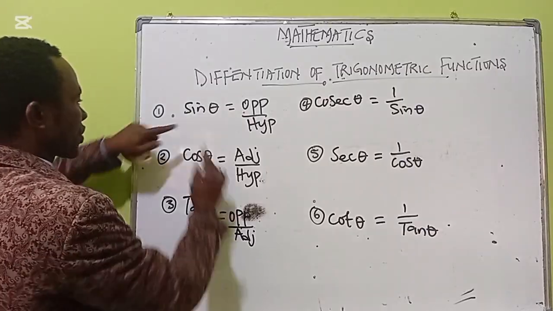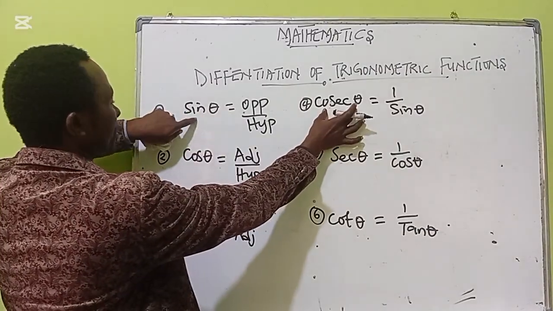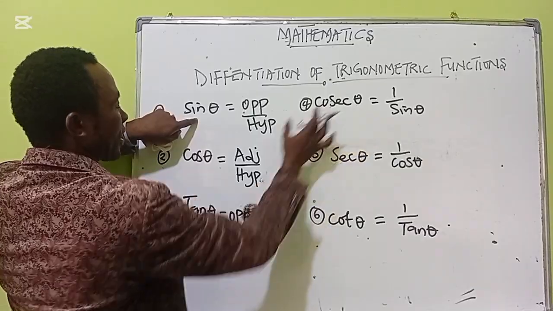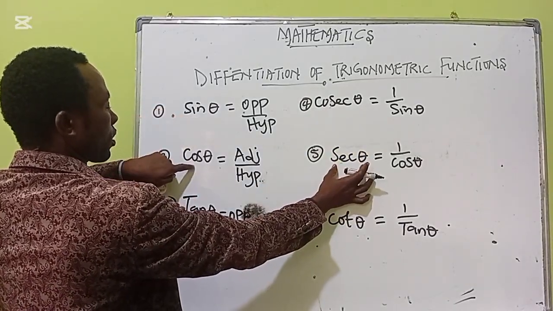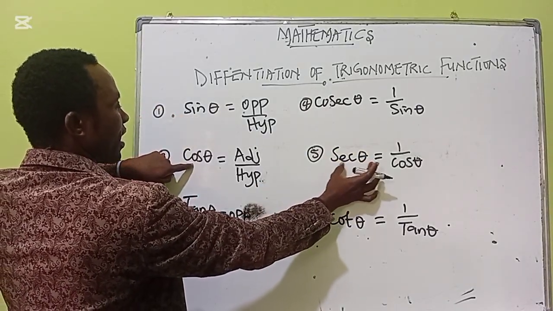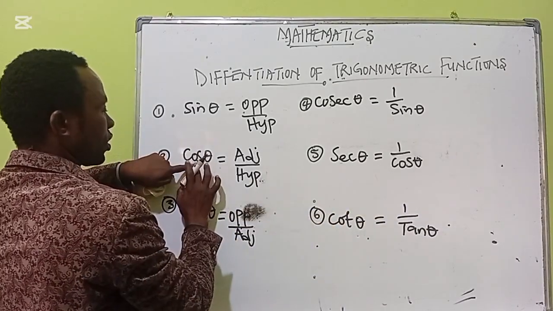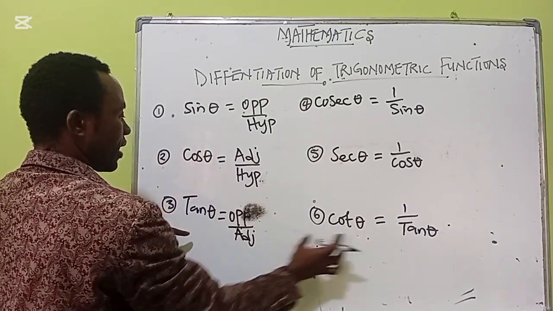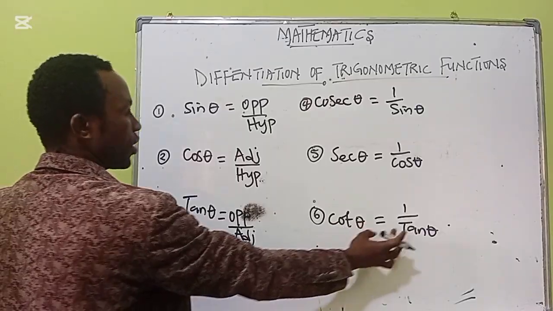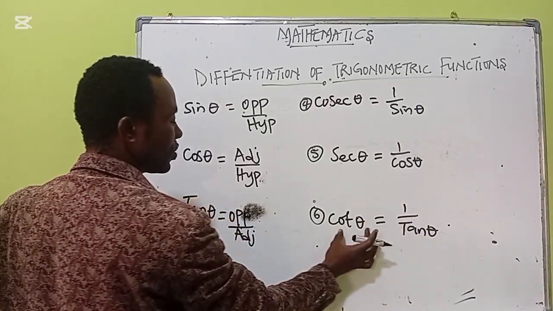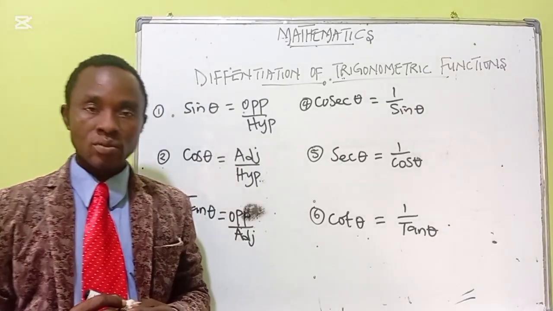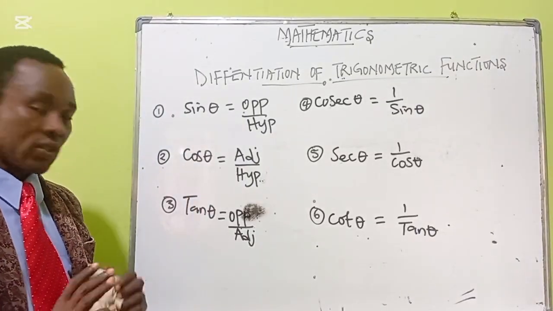Remember, cosec is obtained from sine: when you take the inverse of sine, you get cosec. Sec is obtained from cos: when you take the inverse of cos, you get sec. Then cot is obtained from tan: when you take the inverse of tan, you obtain cot. So always remember this, the 6.